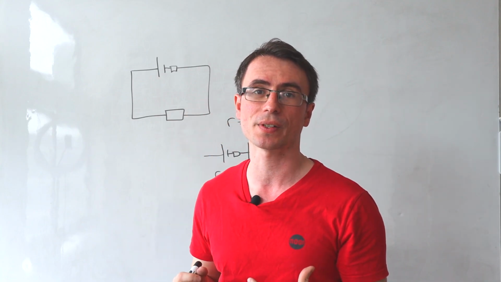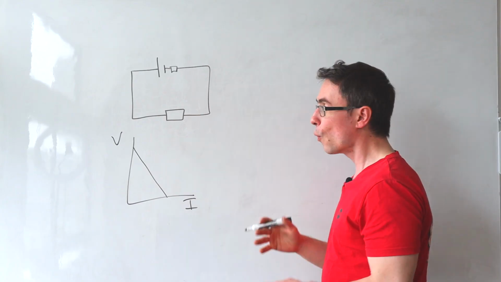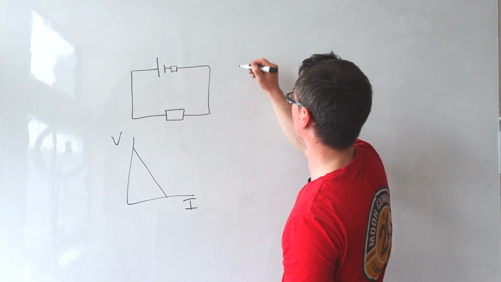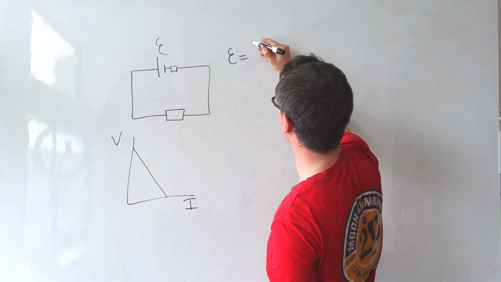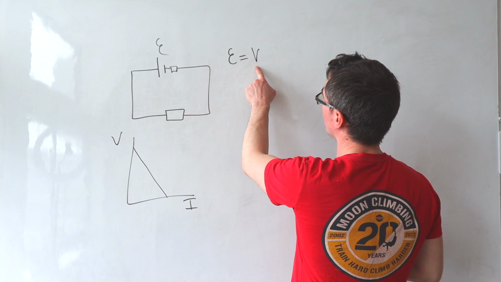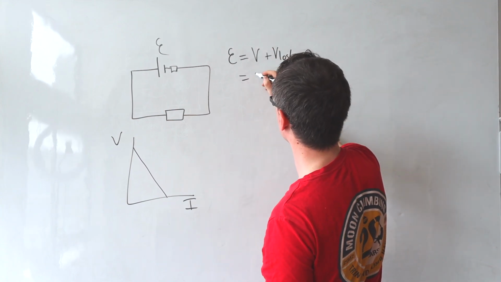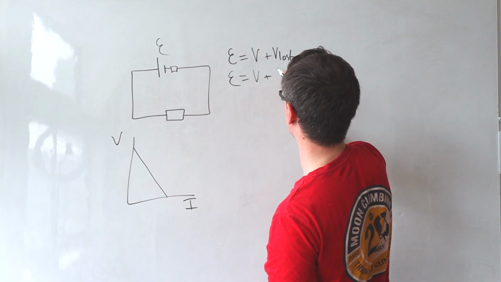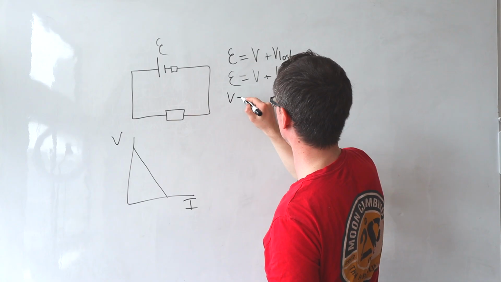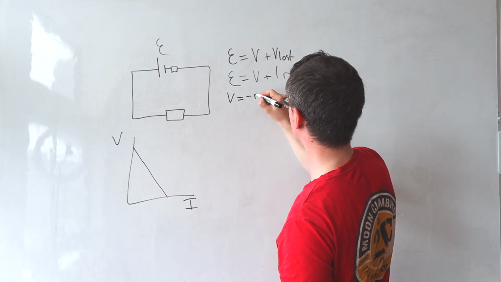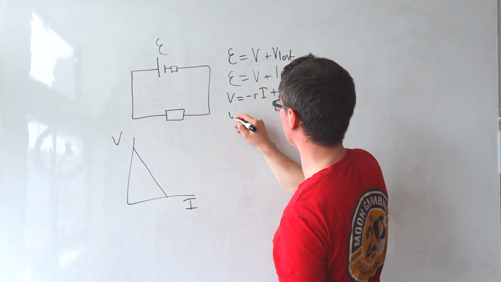If you have a graph of the terminal PD against the current, we can express the gradient of this graph using the fact that the EMF of a circuit is equal to the terminal PD plus the amount of lost volts. So E will be equal to the terminal PD plus I R. Let's just say that V will be equal to minus R times I plus E, just with a little bit of clever rearranging.